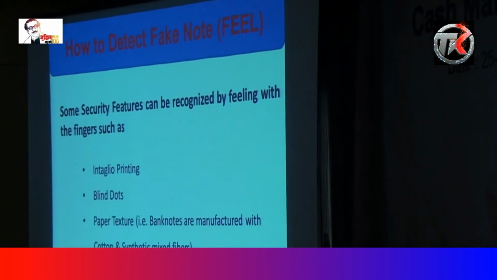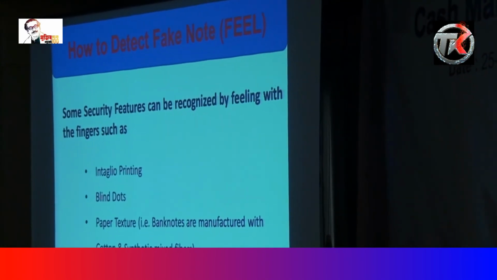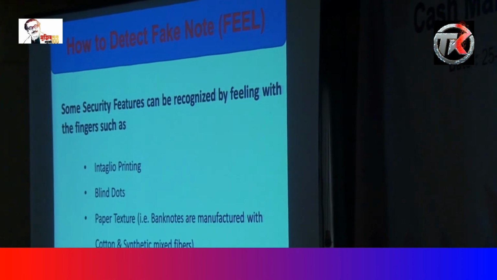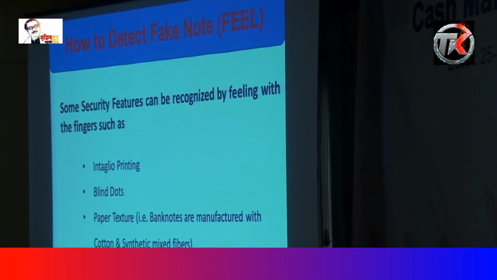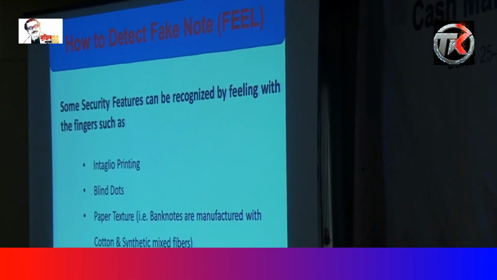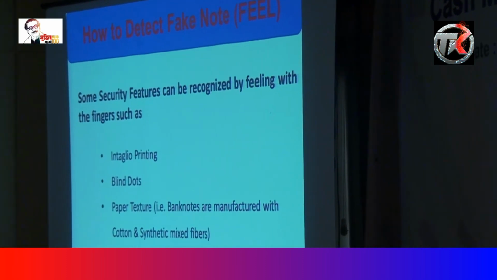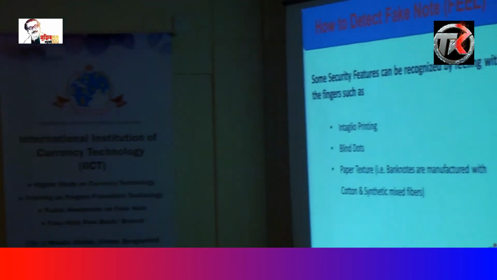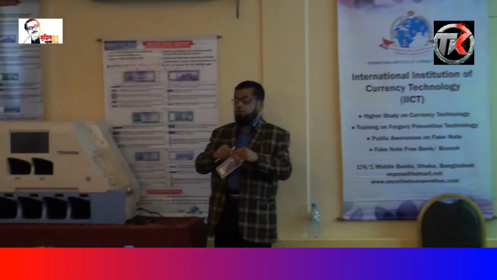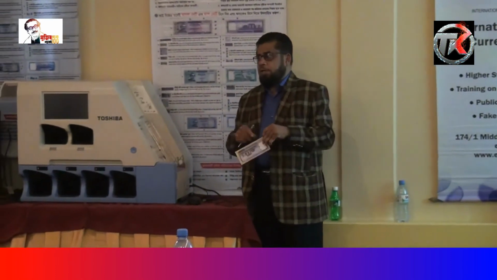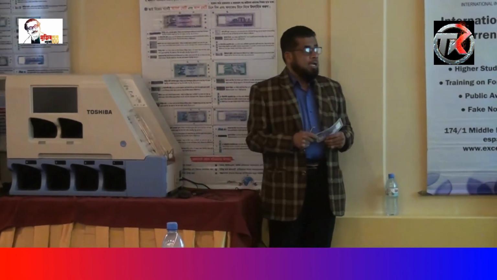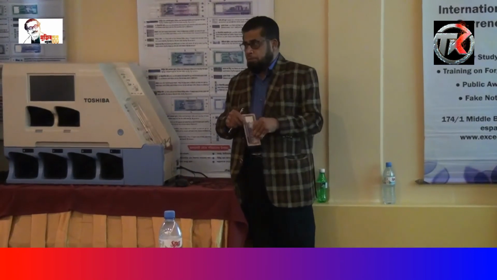Fake note, feel. I already told. Some security features can be recognized by feeling with fingers, such as intaglio print, blind dot, paper texture. You know, intaglio print, I told you, the up and down or tactile of the banknote, you can feel. Even blind people can, through the blind dot, by feeling.